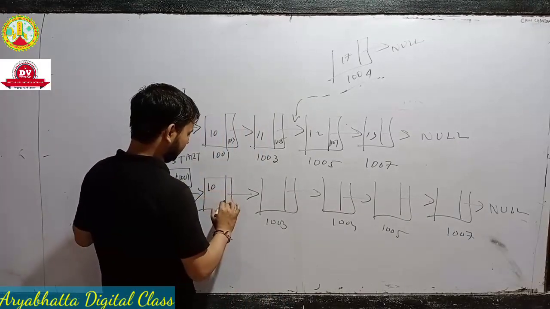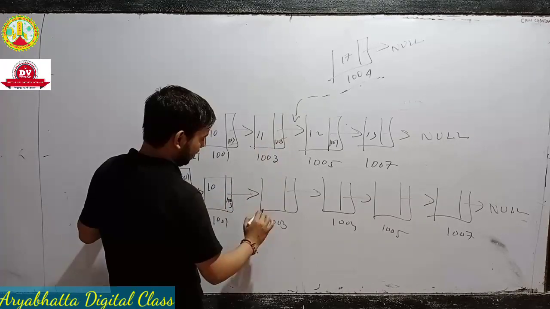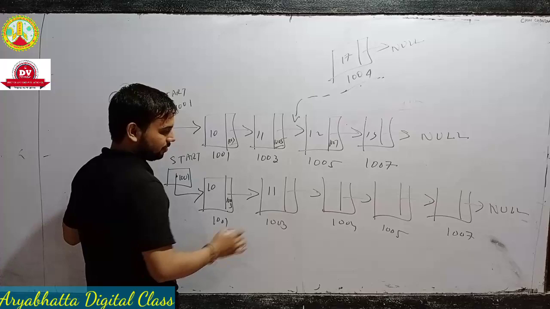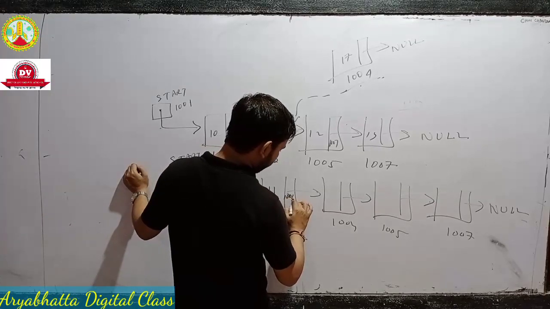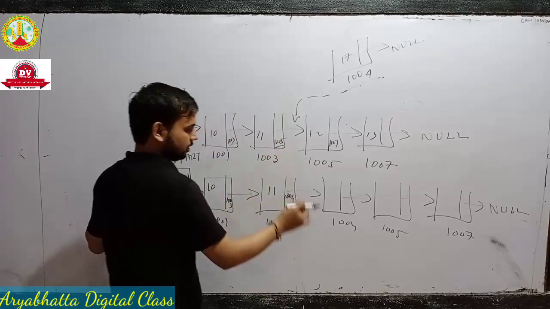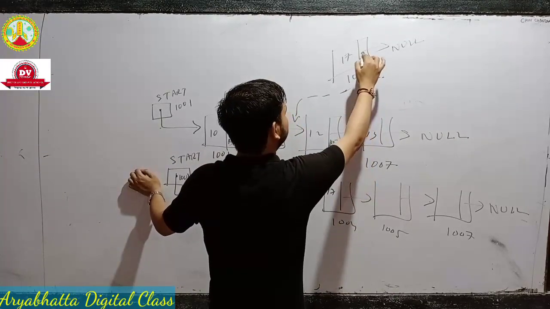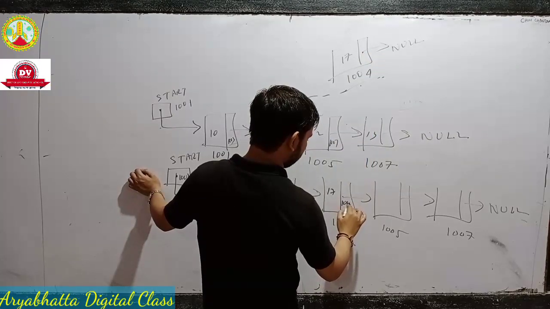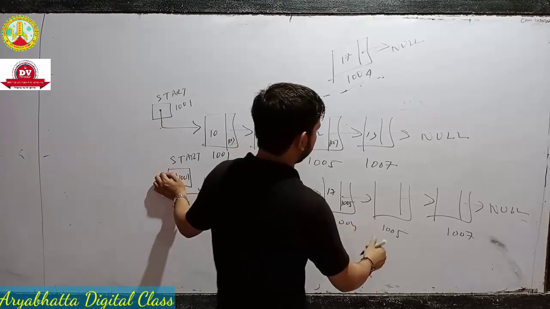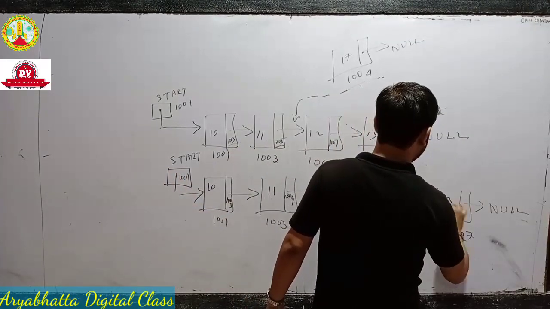Nothing will be changed here. In node 11, previously it stored 1005, now it will store 1004. The change is in this part. And in node 17, previously it contained null, now it contains this memory address, and the remaining will be the same, 1007, 13.